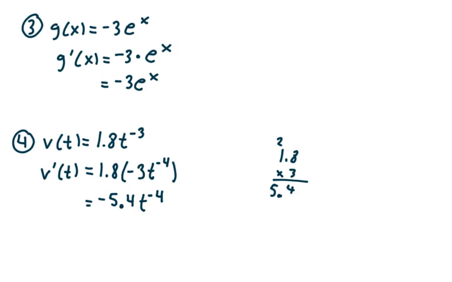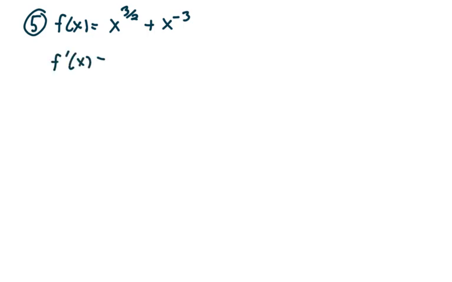And let's take a look at number 5. So f of x is x to the 3 halves plus x raised to the negative 3. f prime of x is going to be 3 halves x to the 1 half.